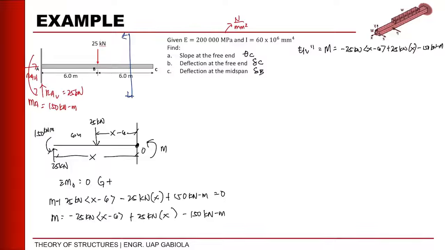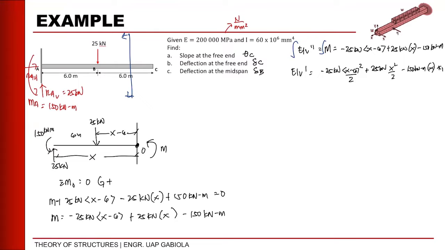So we can integrate na this one. So we have EI V prime is equals to negative 25 kilonewton X minus 6 squared over 2 plus 25 kilonewton X squared over 2 minus 150 kilonewton meter X plus C1.